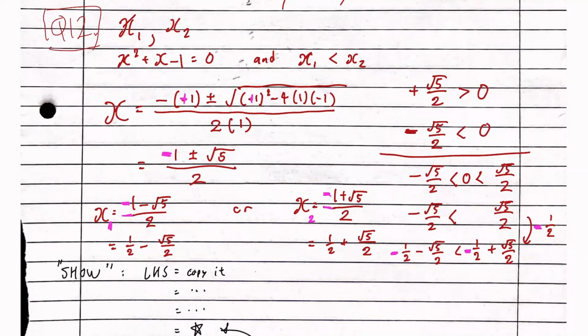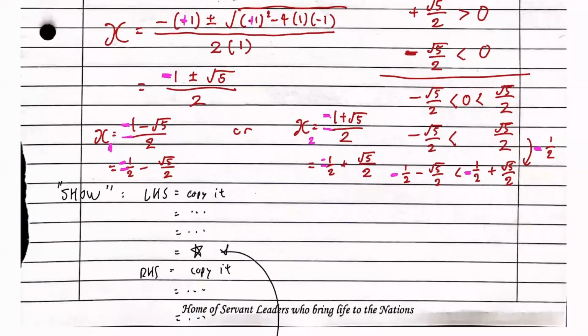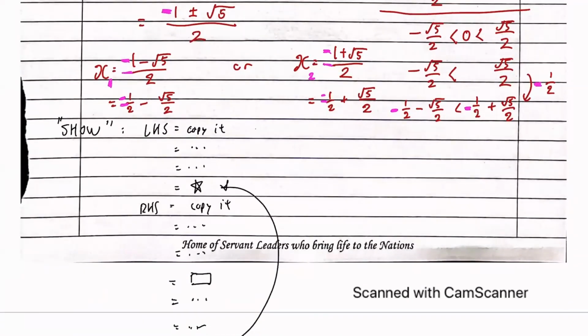Here also should be a -1/2. I'm just going to use the original form. Then -1 minus root 5 over 2 and -1 plus root 5 over 2.